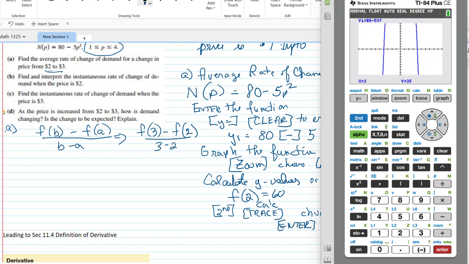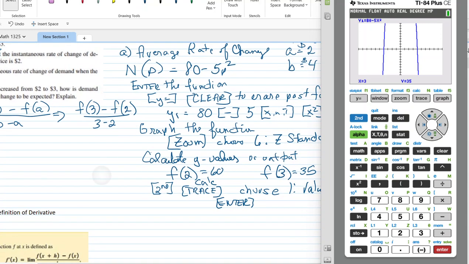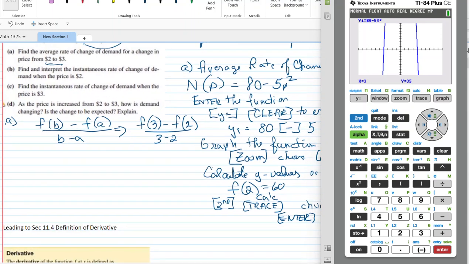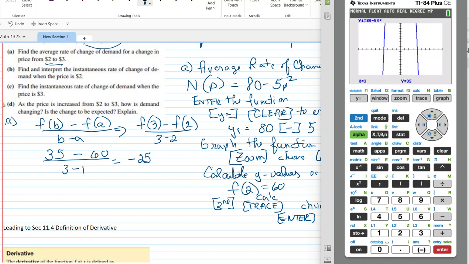So now let's put up the values we have. We got 60 for 2 and 35. 35 boxes minus the 60 over 3 minus 2. And that gives us a negative value of 25. Well, what does that mean? You ask. Well, that's a good point.